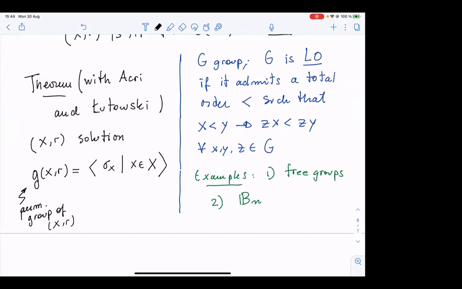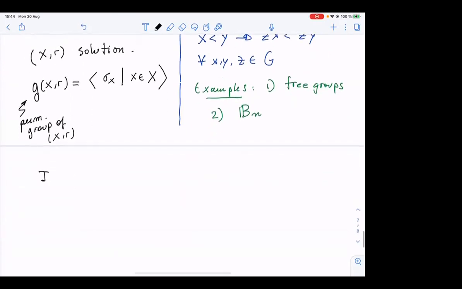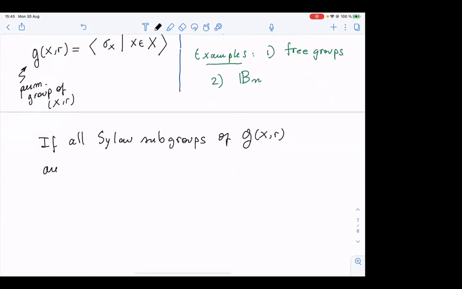And you have this group. And the theorem says that if all Sylow subgroups of the permutation group of the solution, which is of course finite because X is finite, are cyclic, then your solution is multi-permutation.